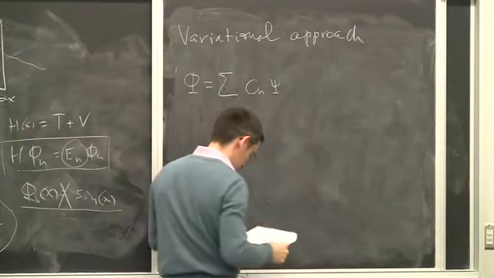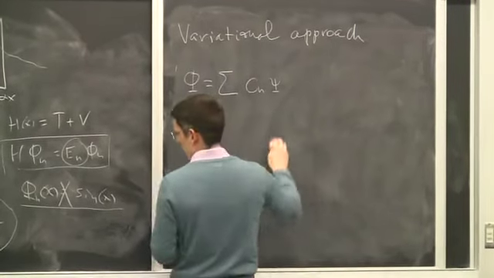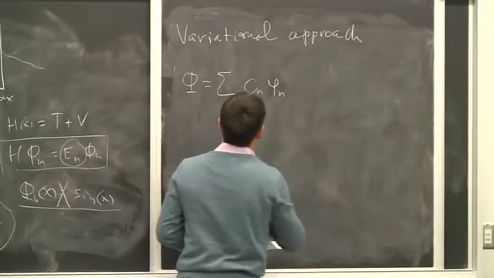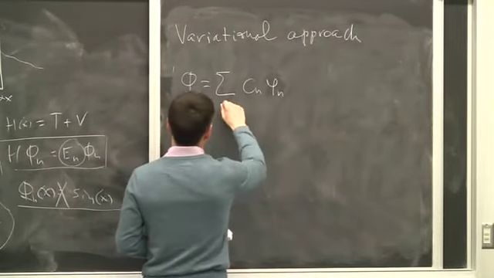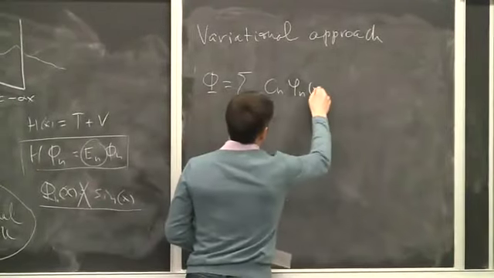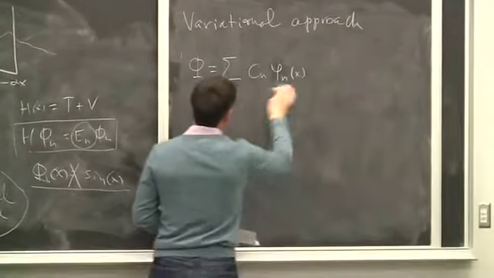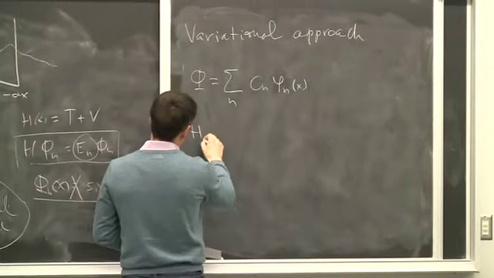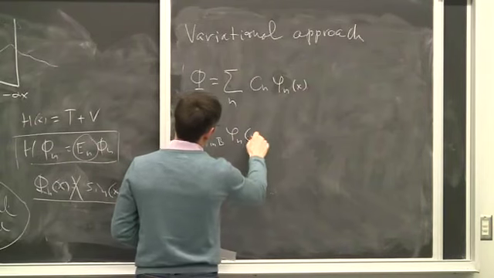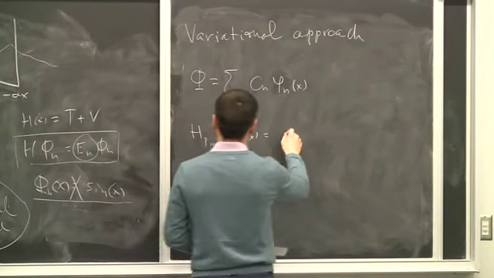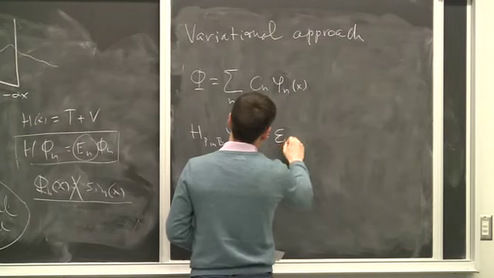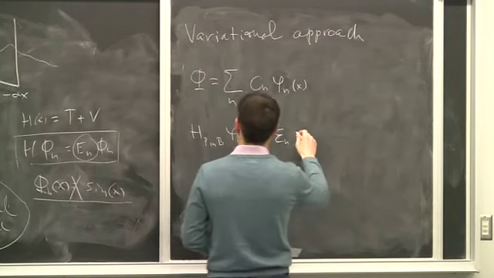say, known functions, which I define as phi n's. These functions phi n of x will be solutions for the particle in a box Hamiltonian, and the energies will be epsilons, different energies.